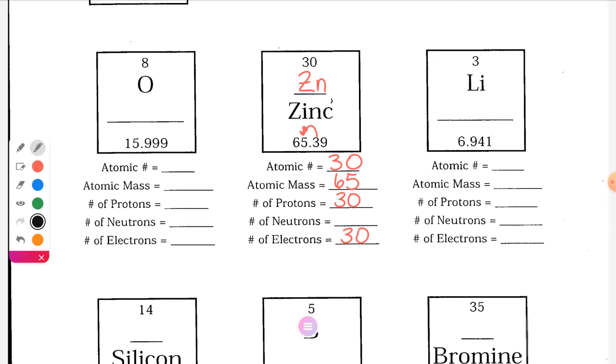Okay, so I know protons, which is 30. I'm just going to draw an arrow where that number is coming from. Protons plus the number I don't know, my neutrons, has to equal what? 65. If you can't do that mentally, what fact family problem could you do, Braylon?